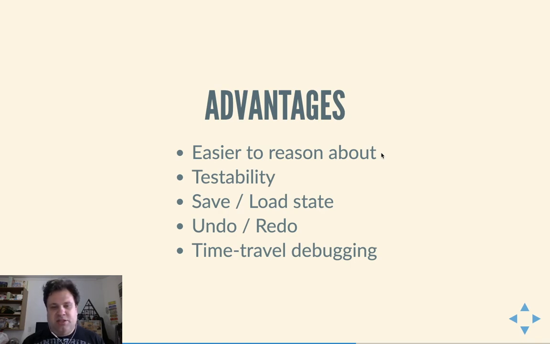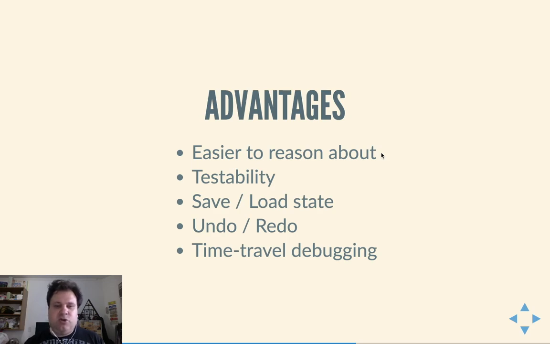Also, because it encompasses your entire application state and it is immutable, it becomes much easier to implement undo and redo in your application. Since every operation in your application is going to generate an entire new state, you can just save the sequence of states that your application is going through, and then you can go back and forth in this list of states.